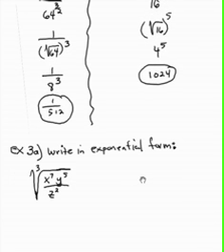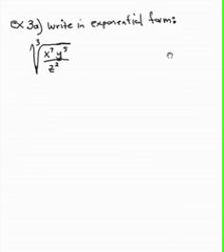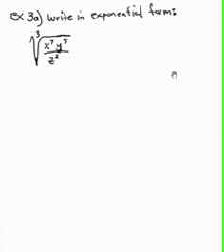Now those were nice, easy numerical examples so we can practice the property of negative exponents that we're learning. But here's a more abstract one, because there are no numbers here, all variables, and we want to be able to write radical notation in exponential notation and vice versa.